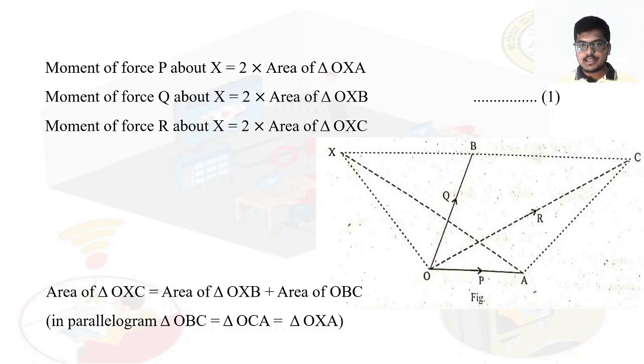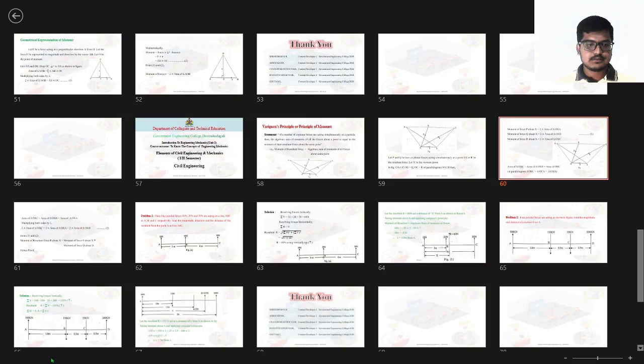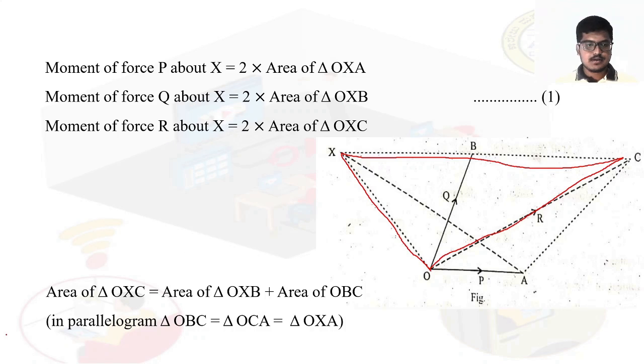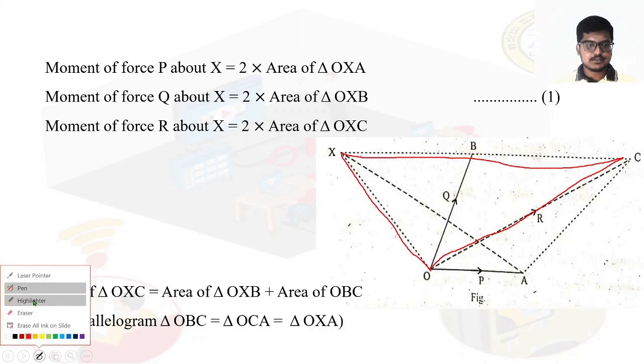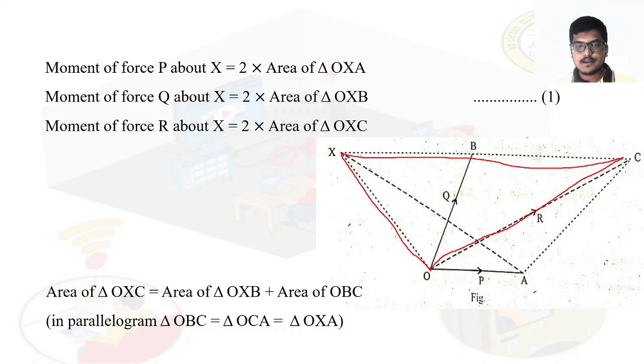So now see, area of triangle OXC. This triangle, area of triangle OXC is equal to what? It consists of two triangles. See, area of triangle OXC is equal to what?